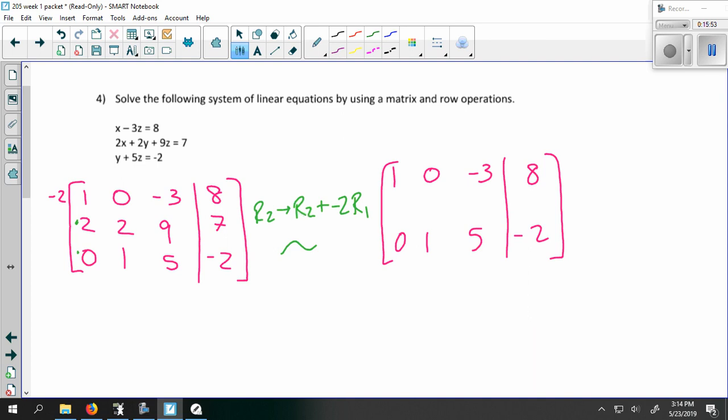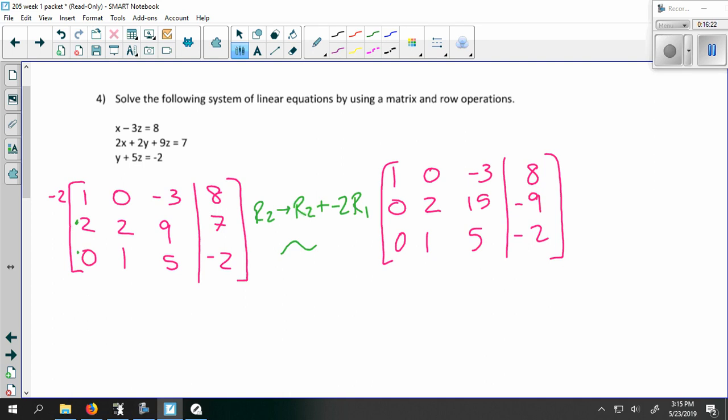So 2 plus -2 is 0. And then 2 plus 0 is 2. And 9 plus 6 is 15. And 7 minus 16 is -9.